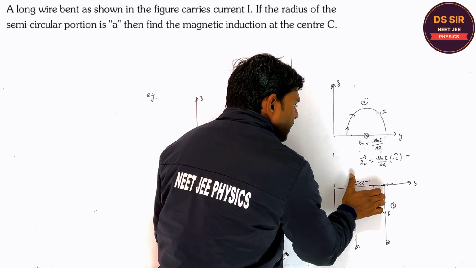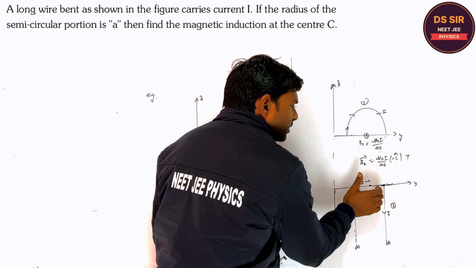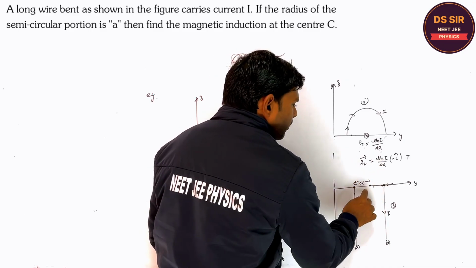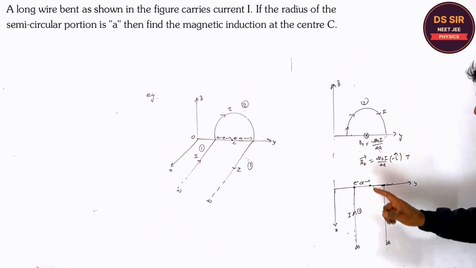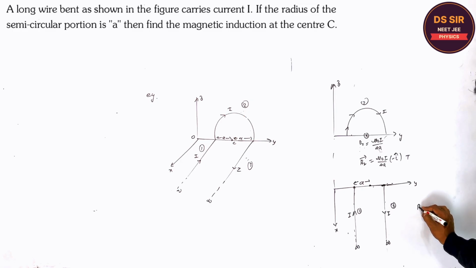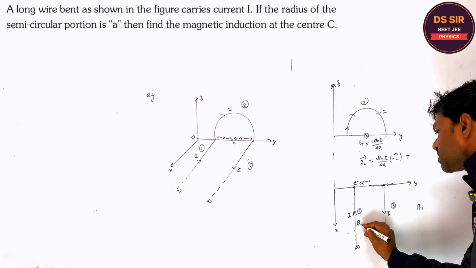Because of this current carrying wire, the magnetic field is into the board, and because of this, also into the board. And due to the semi-infinite wire, the B1 magnetic field I am writing this side. What is that?